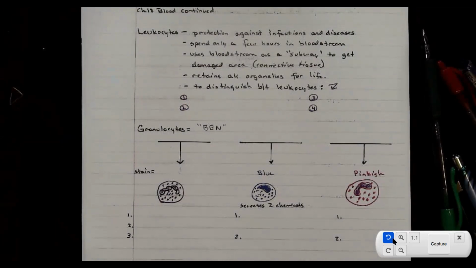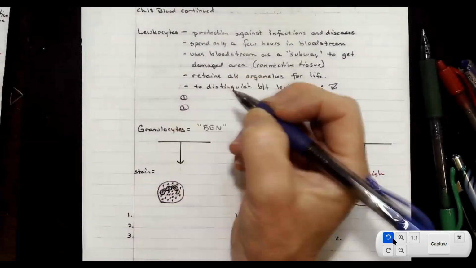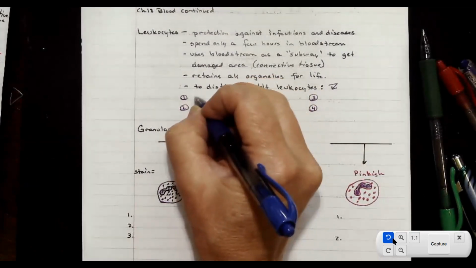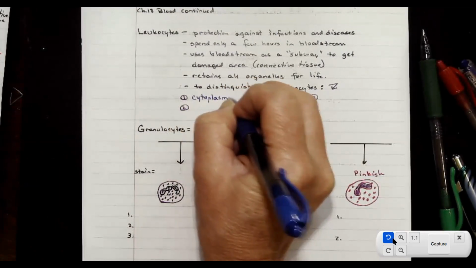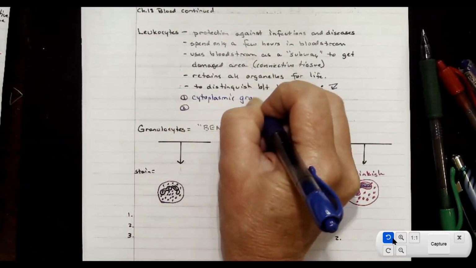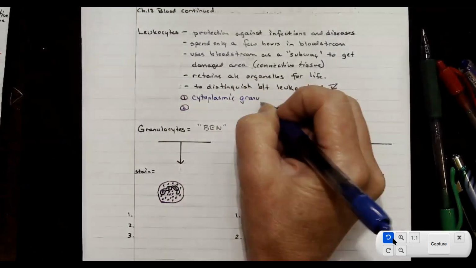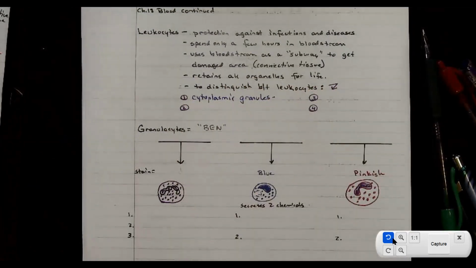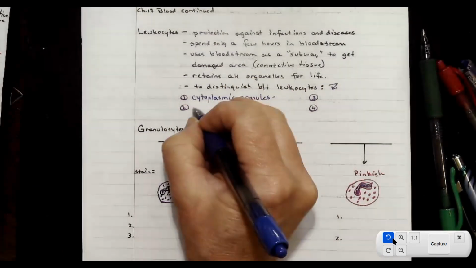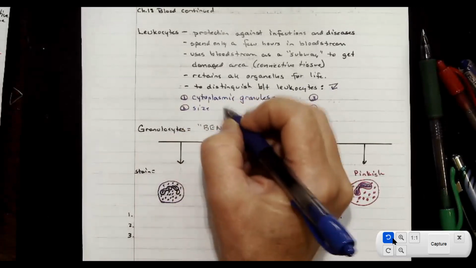And to distinguish between the different types of leukocytes, what they look for is whether cytoplasmic granules are present or not, whether they can be stained or not. Size of the cell.